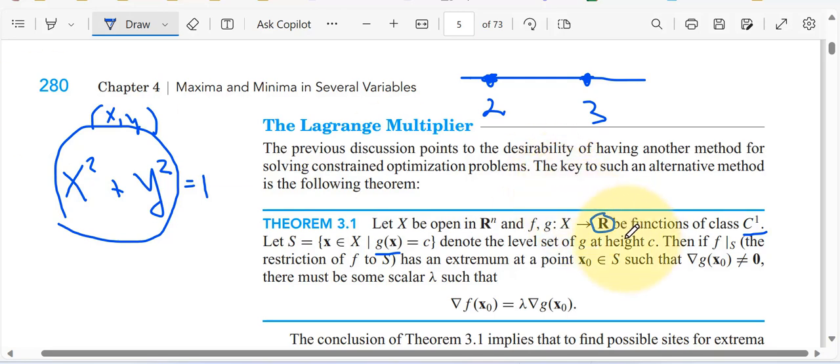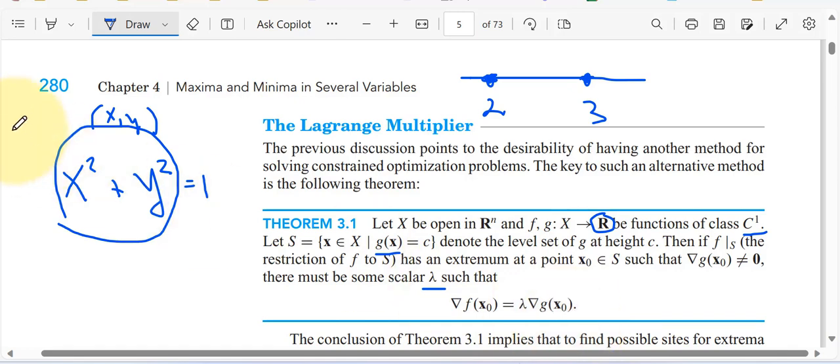Then she says that if our function f, and she says f bar s here, so that means we're only thinking about the points on the circle and the function only at those points, the f function, the function that we want to maximize. And then she says a little bit more here, but we'll ignore that. It just says if it has an extremum, then there must be some scalar such that this is true. Well, this is what we said.